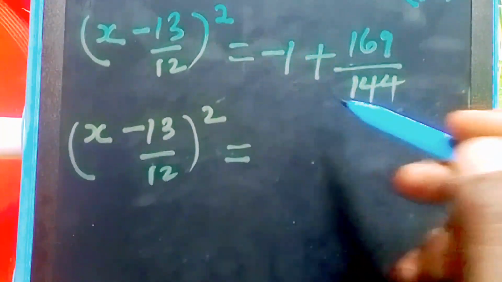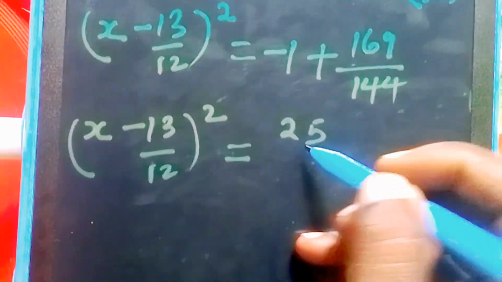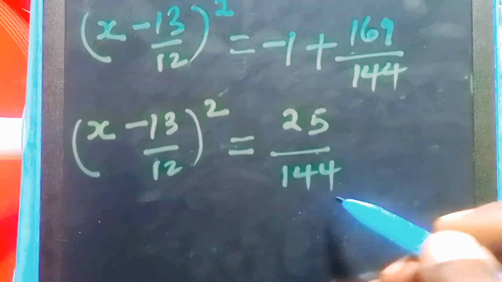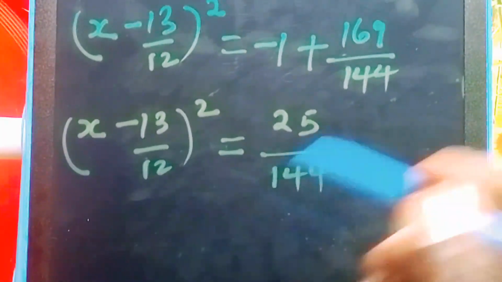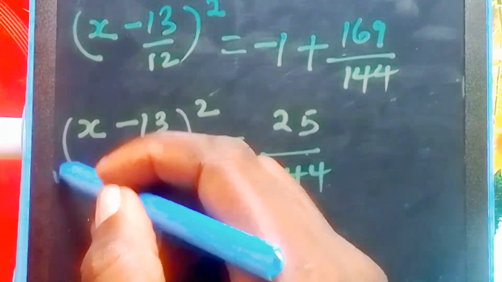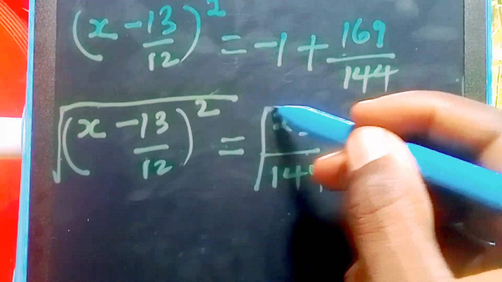On the other side, minus 1 plus 169 over 144, that is going to be 25 over 144. And then we are going to find a way to do away with the square. So to do away with that, we are going to root this, and whatever we've done to the left hand side, we do to the right hand side.